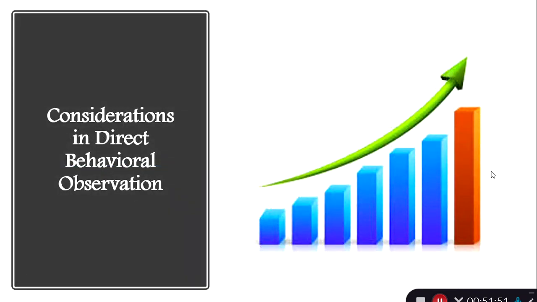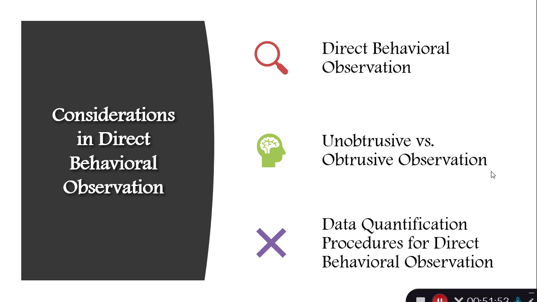In terms of direct behavioral observation, if we don't necessarily want to rely on measurement instruments or measurement tools because of issues around self-reporting and social desirability bias and all those kinds of things, we also have the option of directly observing the behavior of our clients.